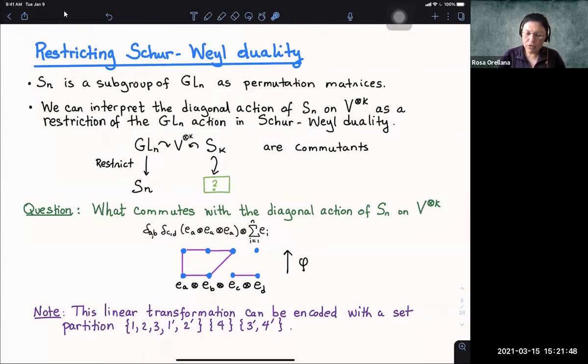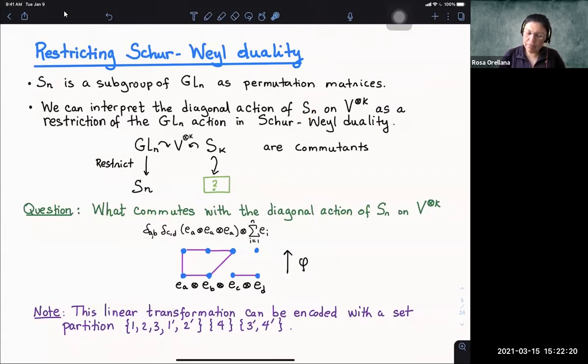So we can interpret the action from the previous slide as a restriction of the action of GLn. Remember we had the diagonal action in the Schur-Weyl duality. So I'm restricting the Schur-Weyl duality from having a diagonal action of GLn to only having Sn acting diagonally.